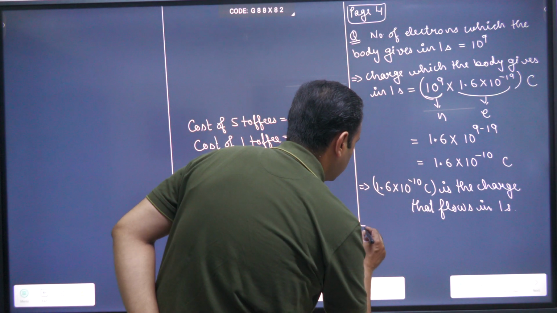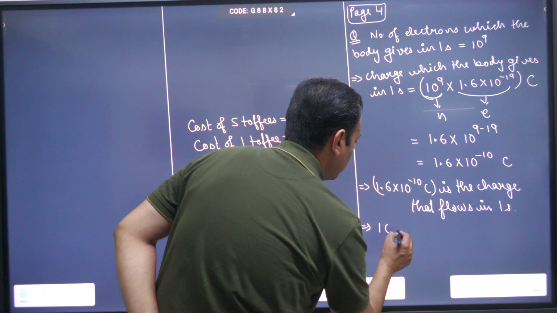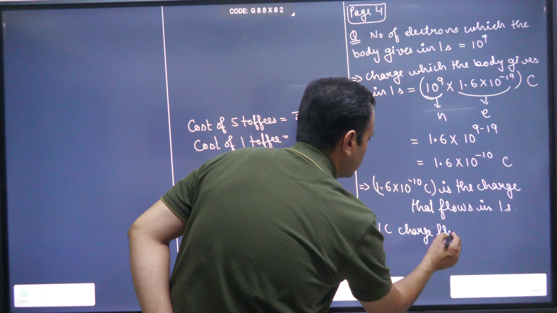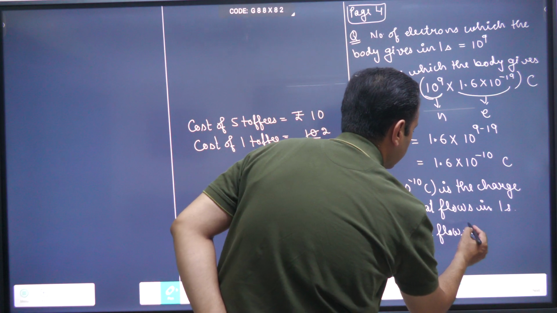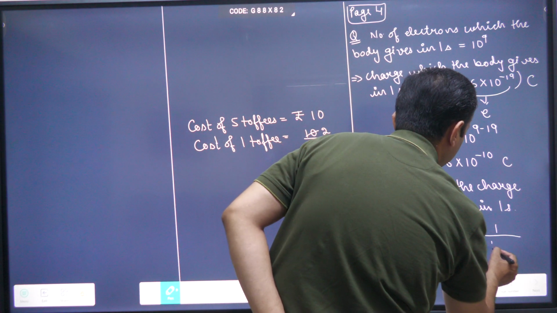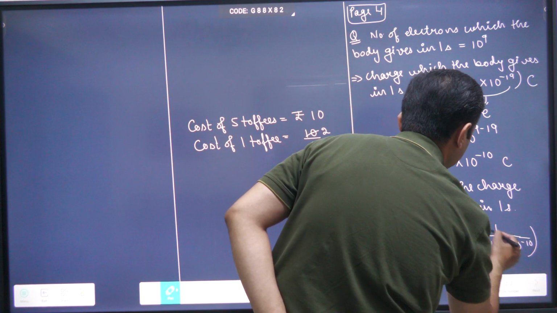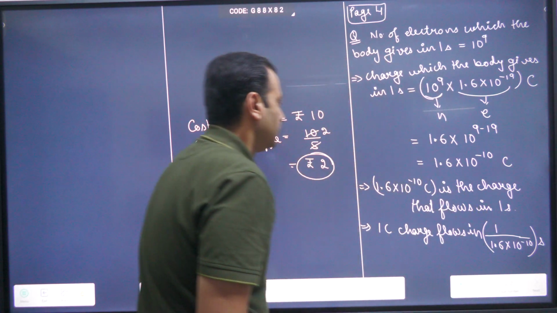Are you getting it? So 1 coulomb charge flows in 1 upon 1.6 into 10 to the power minus 10 seconds.